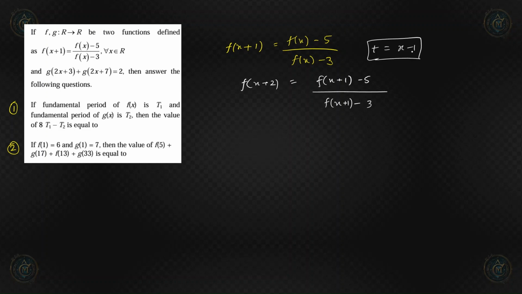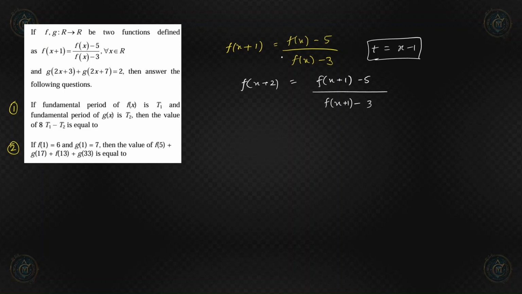So this we substitute here. Instead of x, we substitute t plus 1. So we can write this as f of t plus 2 equal to f of t plus 1 minus 5 divided by f of t plus 1 minus 3. Right. And as this is a functional equation, the choice of variable doesn't matter. Okay. So f of x plus 2 equal to f of x plus 1 minus 5 divided by f of x plus 1 minus 3.